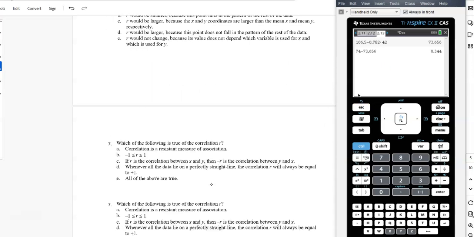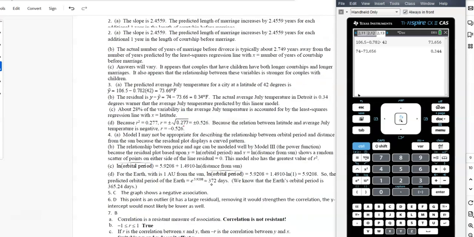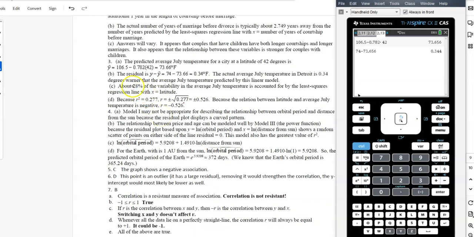These are hard ones to do, so let's see what they said. So C, about 28% or 27.7% of the variability in the average July temperature is accounted for or explained by the least squares regression line with x equals latitude.